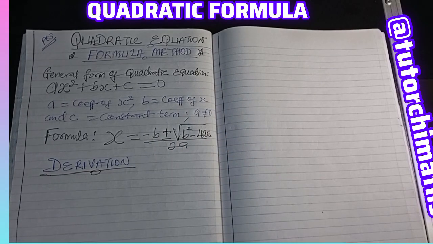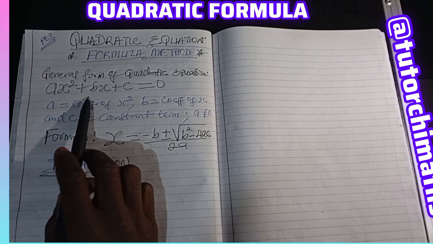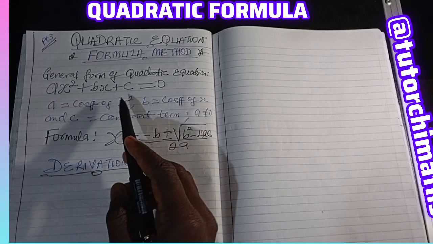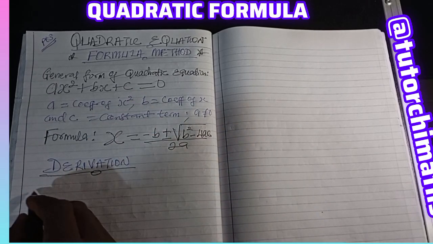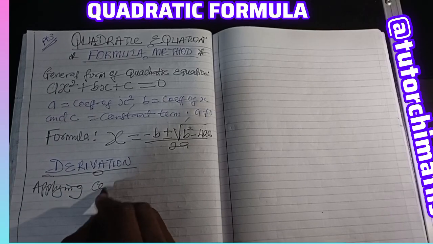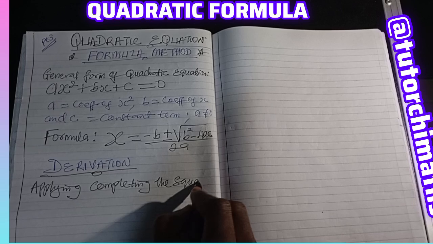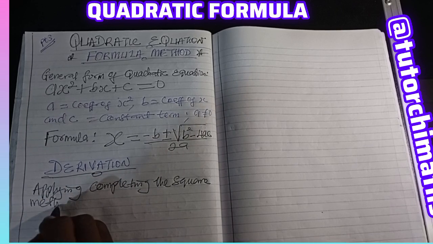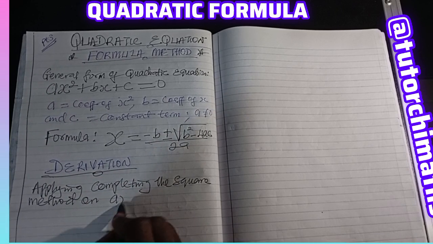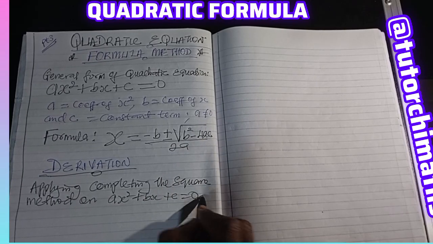Let's derive this formula. We are going to apply completing the square on this general quadratic form, okay? Applying completing the square on ax squared plus bx plus c equals 0.